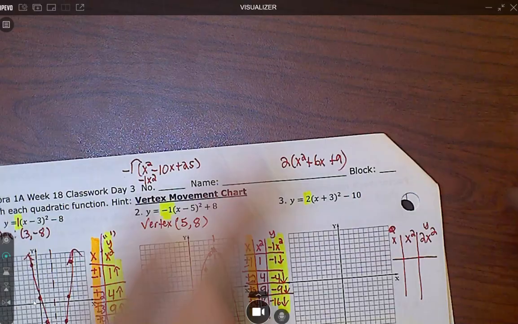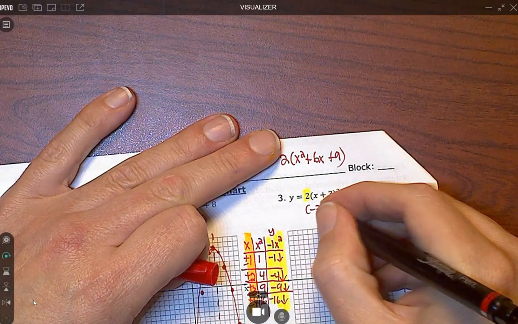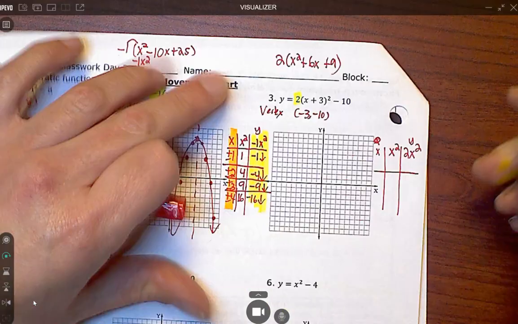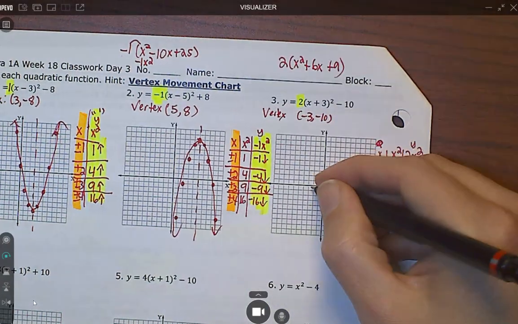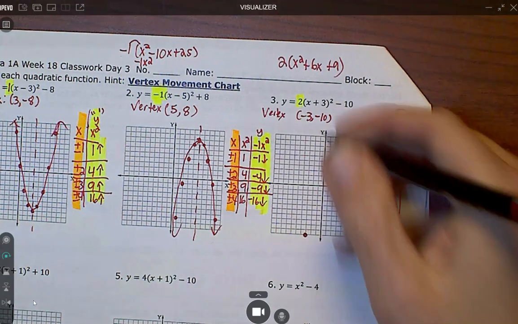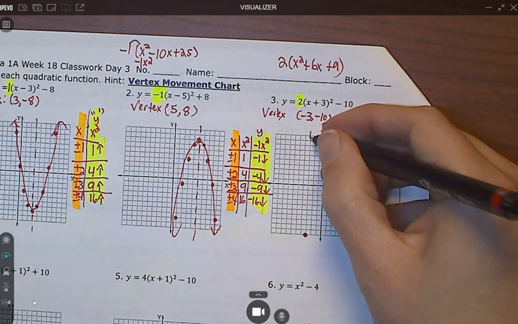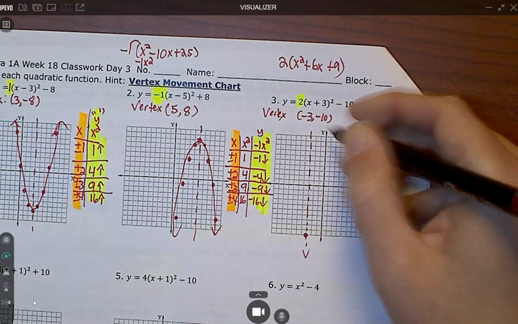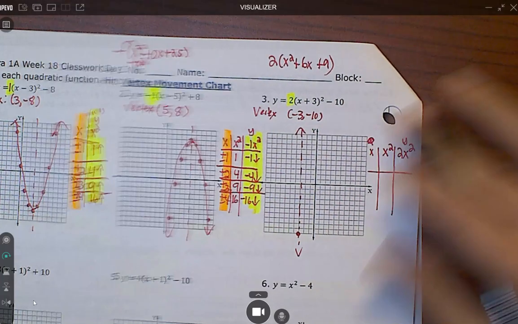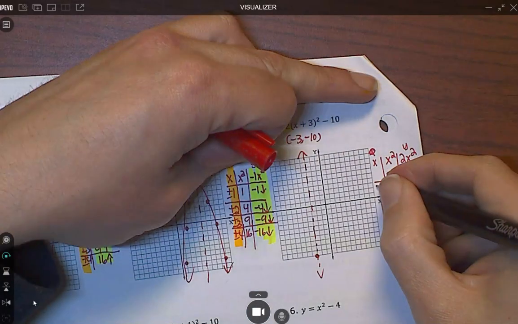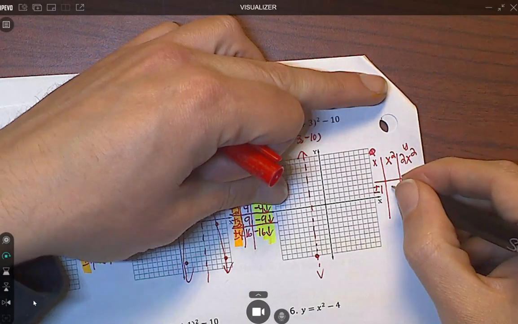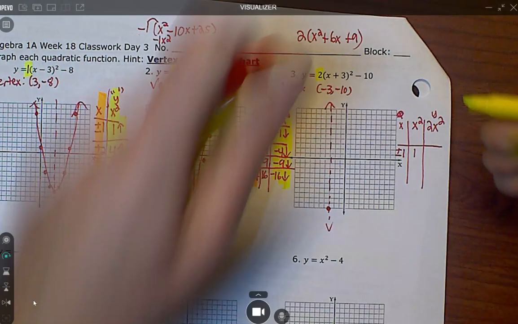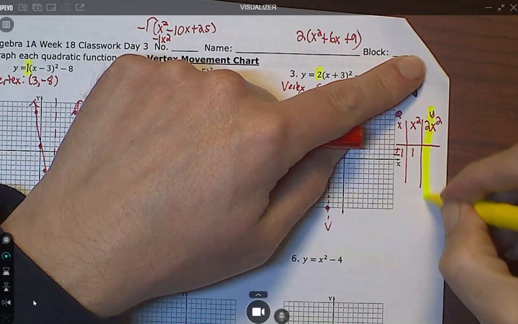Okay, what's that vertex? I made these myself, so I started at the very bottom. If I go plus or minus 1 of the vertex, I'd normally go up 1, but I've got to multiply it by 2 because that's our y distance.